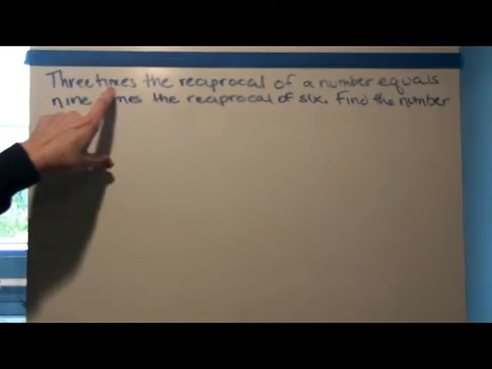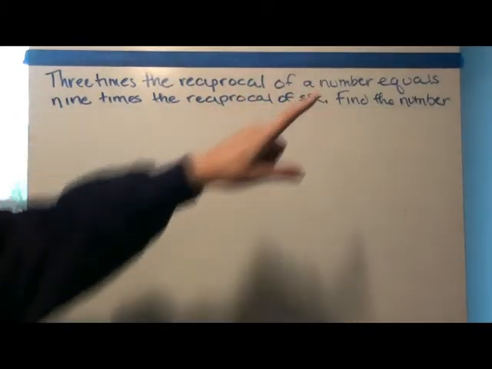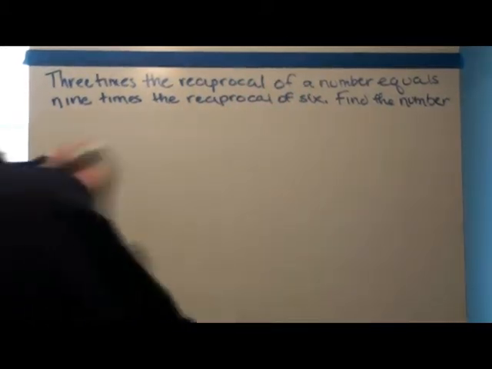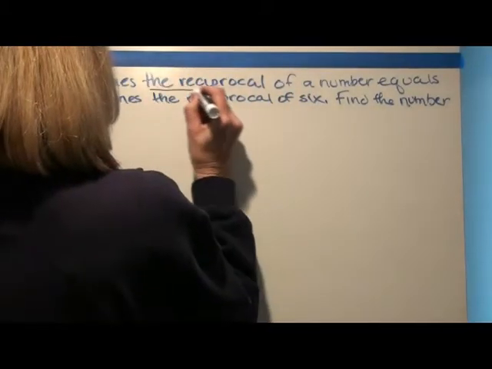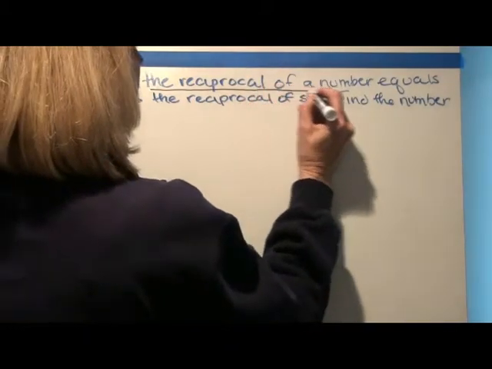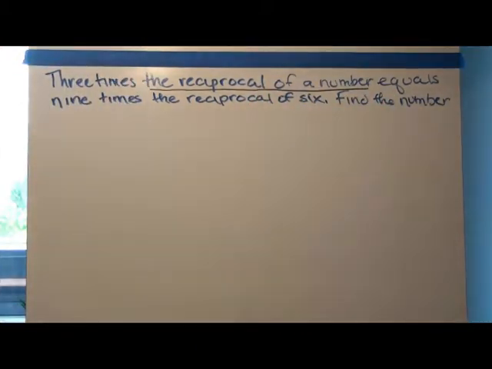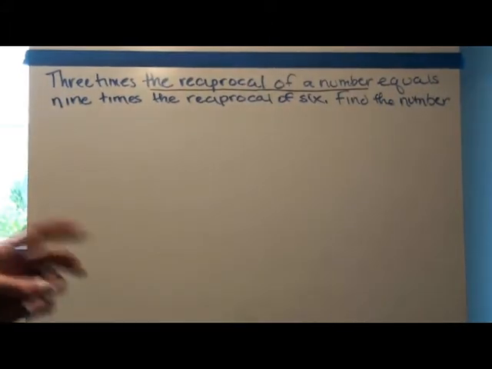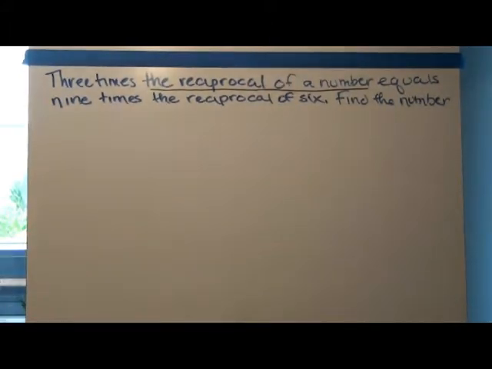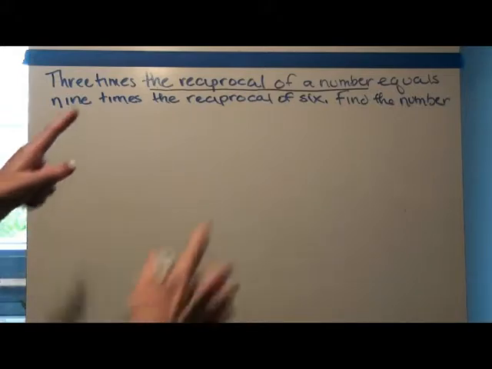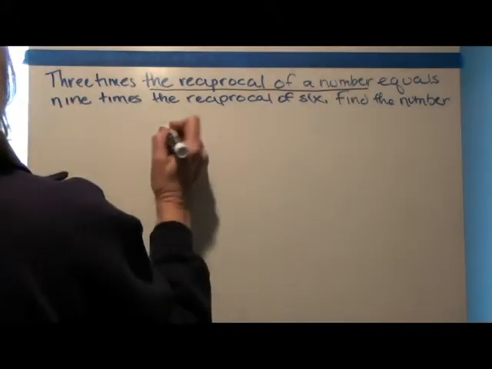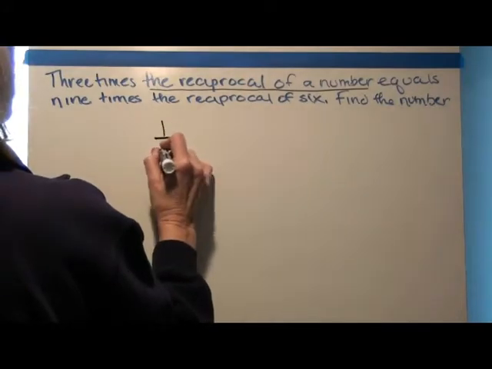We have 3 times the reciprocal of a number. We need to know, since we're multiplying by it, what the reciprocal of a number looks like. The reciprocal of 2 is 1 over 2. The reciprocal of 3 is 1 over 3. So the reciprocal of a number would be 1 over x.